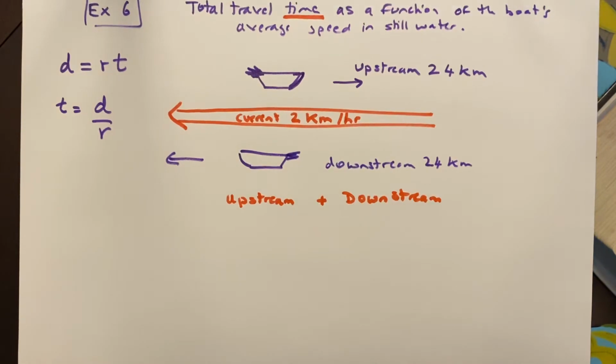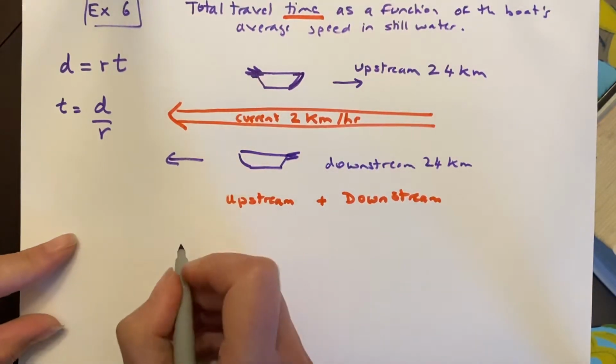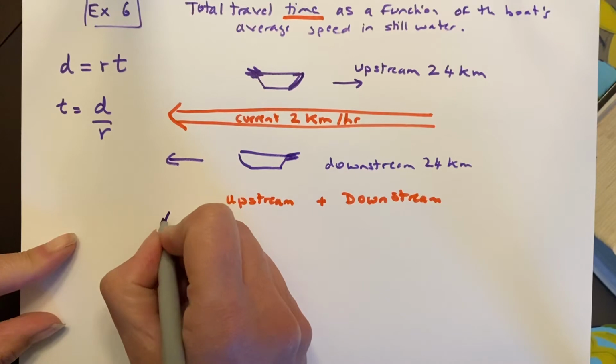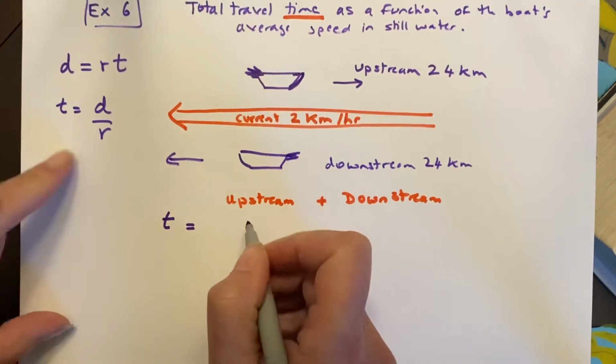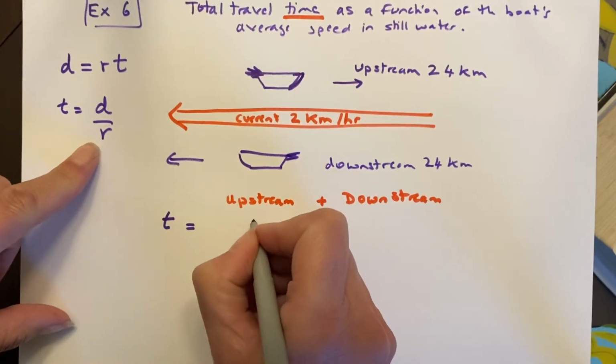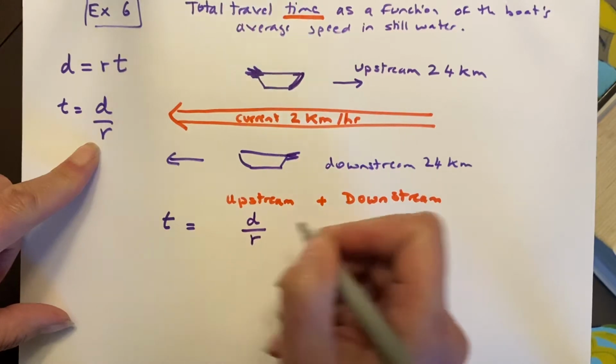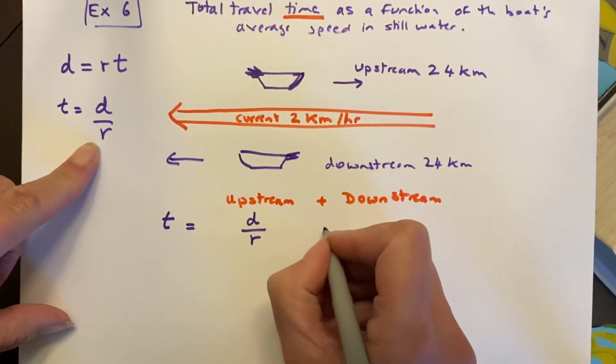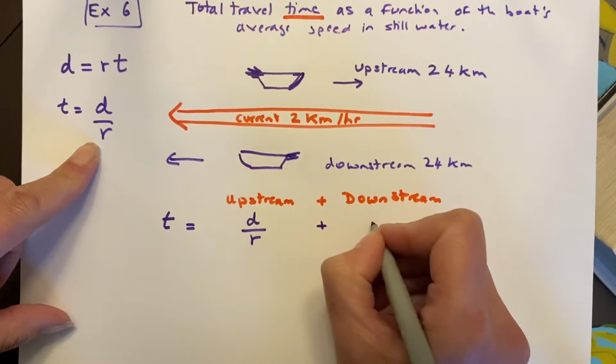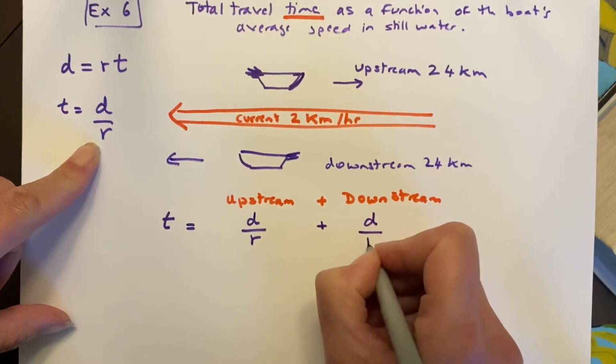So if we look upstream, we have total travel time T. And we know upstream is going to be the distance upstream divided by the rate upstream, plus the distance downstream over the rate downstream.